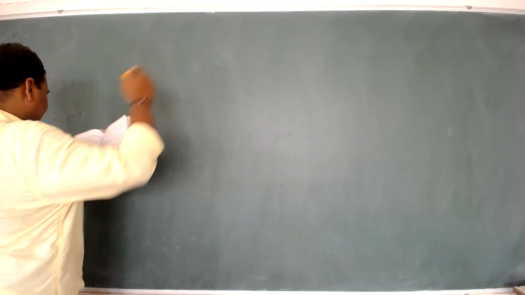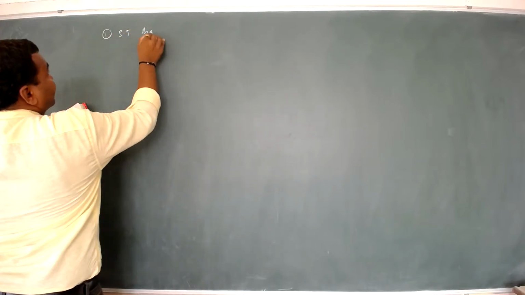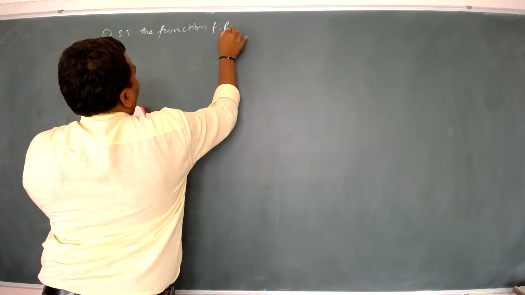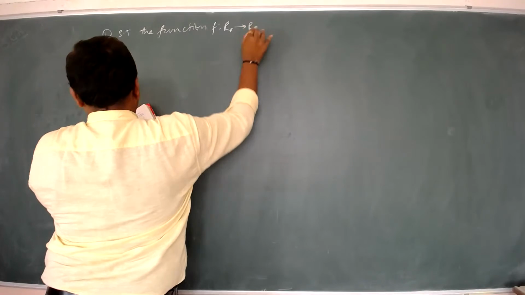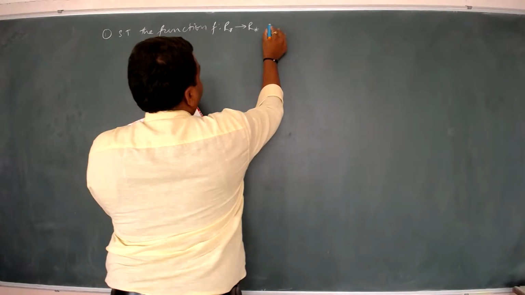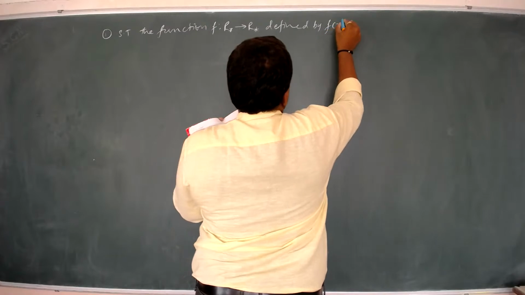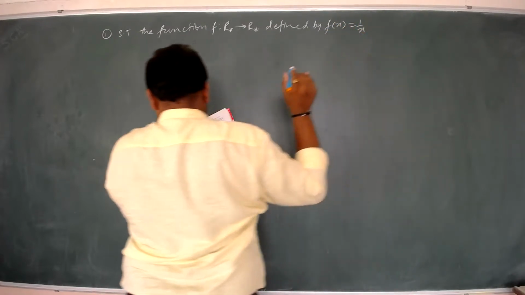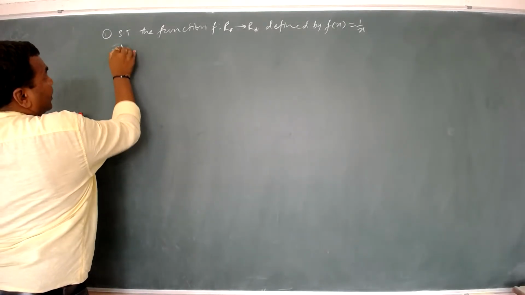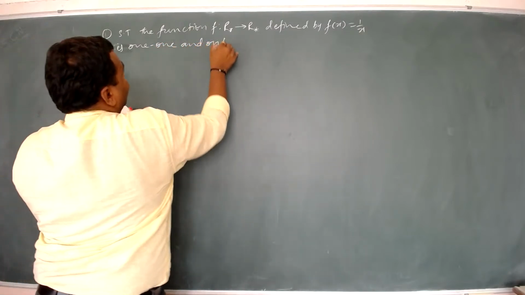In the exercise, the first question is there. Show that the function f from R star to R star defined by f of x equals 1 by x is one-one and onto.